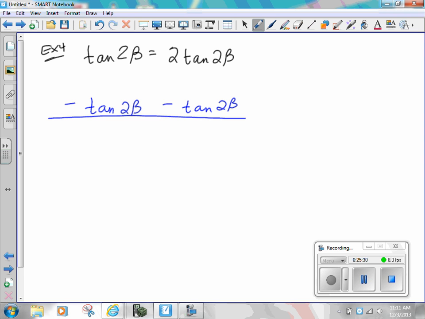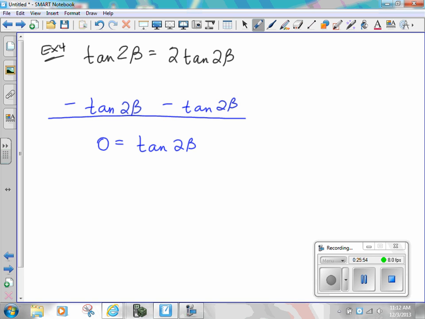What is tangent 2 beta minus tangent 2 beta? 0 is equal to 1 tangent 2 beta. What now? Whatever we got on that little sheet.